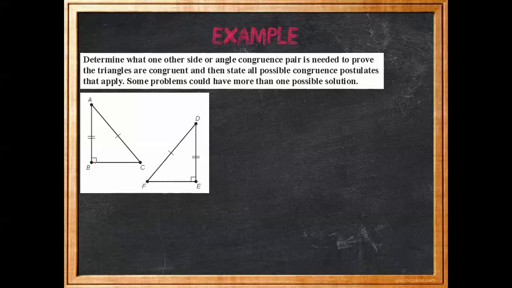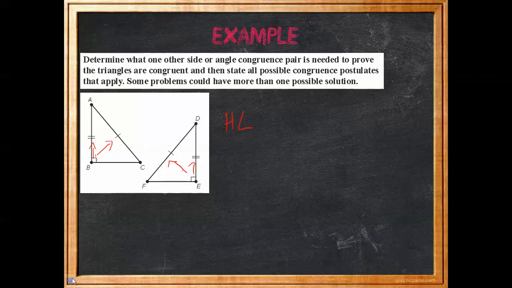Because we know this is a right triangle, we actually have all the information we need right here. Since it's a right triangle, we have the hypotenuse and a leg that are congruent. So we can say hypotenuse leg.